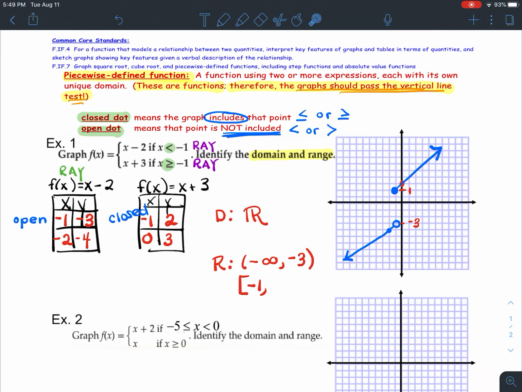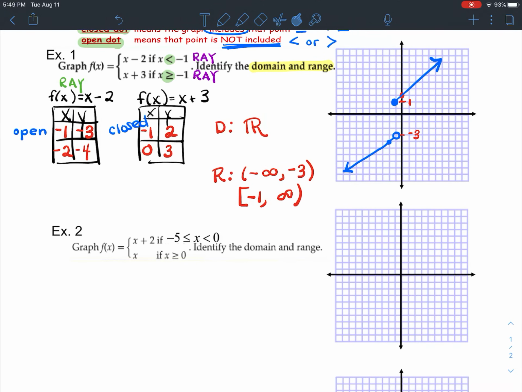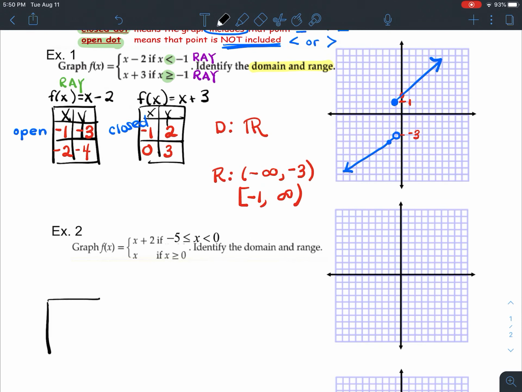It's not including the -3. And then the other piece is starting at 1, but I'm putting a bracket here because it's including the 1, and then it goes all the way up to positive infinity. We always put parentheses around the infinities. Okay, and this would complete stating the domain and the range, and we completed our graph there.